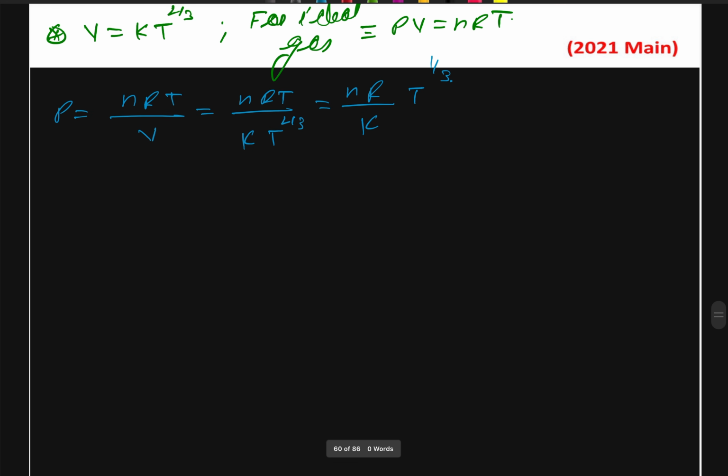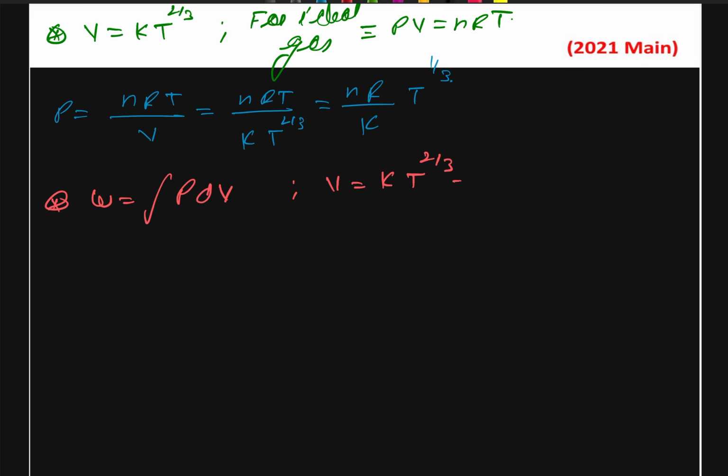And the standard formula of our work done, we know that work done is equal to the integral of pressure times dV. We already know that V is equal to K T raised to 2 by 3.